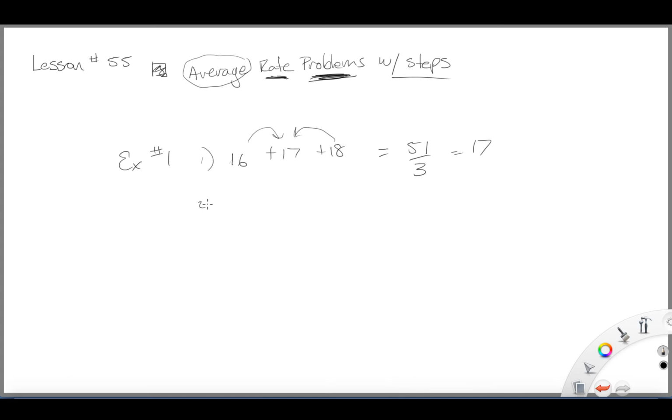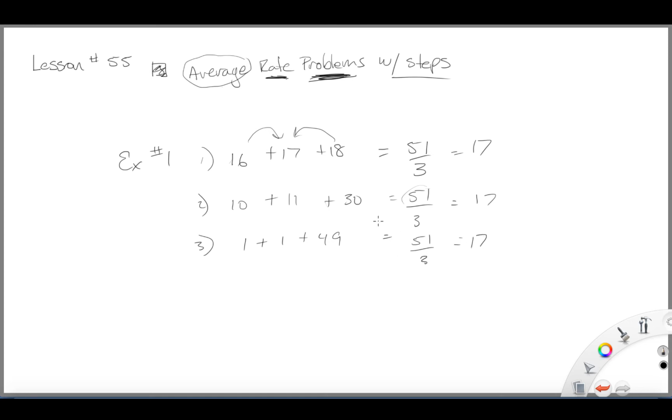A second way would be 10 plus 11 plus 30 equals 51, and we divide by 3 and we still get 17. So we're trying to arrange numbers to get 51 over 3 so that we can achieve the answer of 17. Or we could do 1 plus 1 plus 49 equals 51, divided by 3 equals 17.